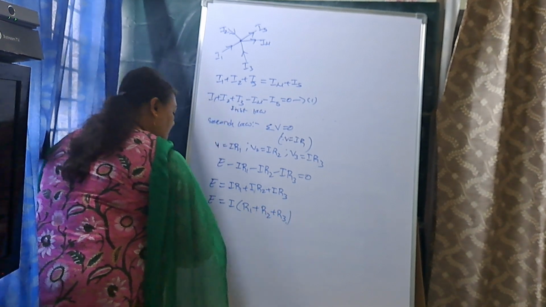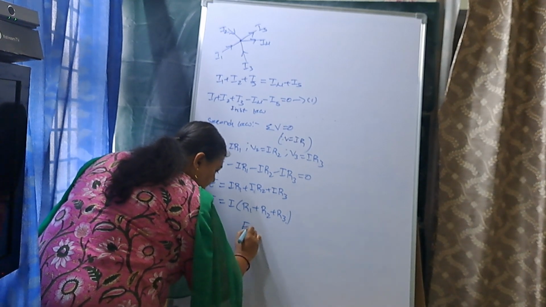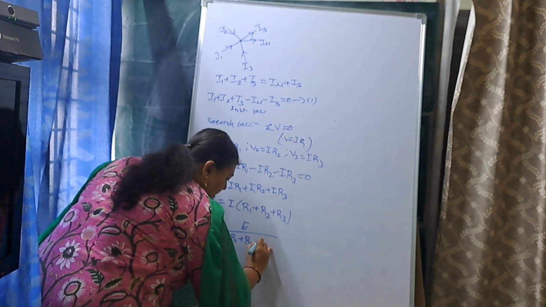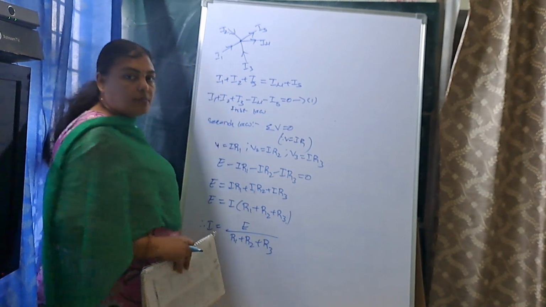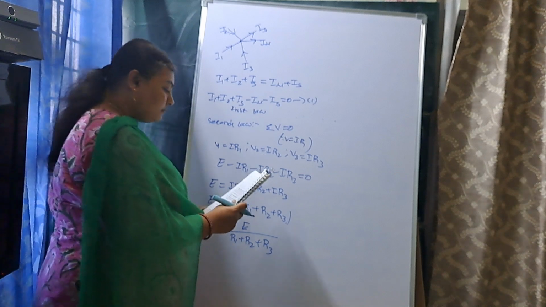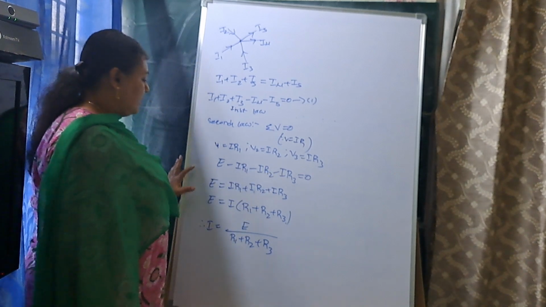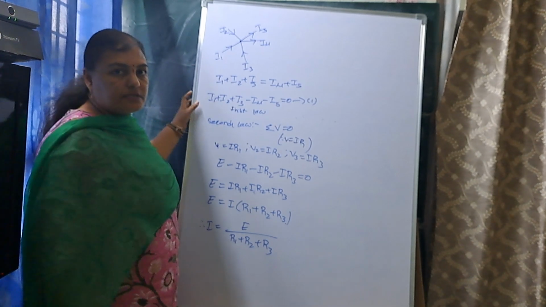So therefore I is equal to E by R1 plus R2 plus R3. This is the formula for I. Now this is about Kirchoff's first law and Kirchoff's second law. Okay. I hope you understand.